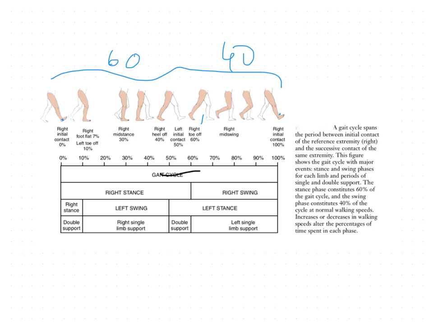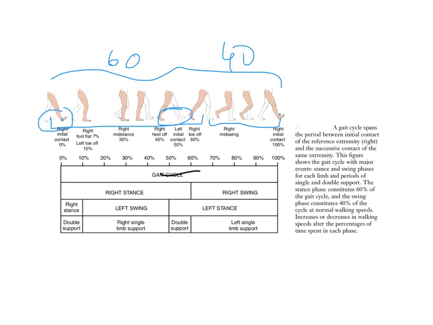Up to here constitutes the stance phase, and after that it leads to the swing phase. You can find double support at this stage, and also at this stage.